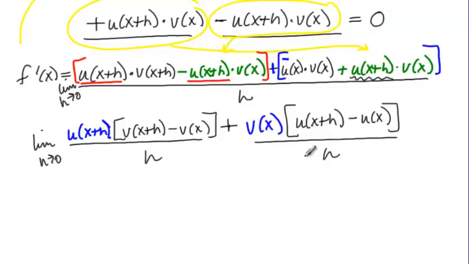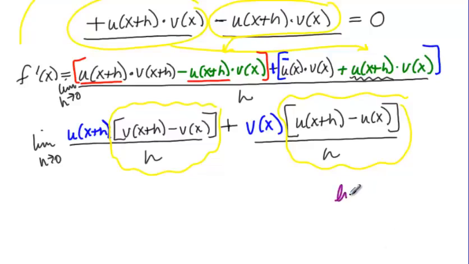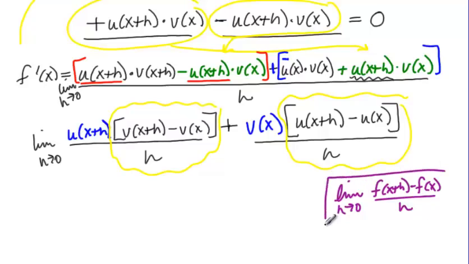The reason I distributed the division is because now if you look at just this part, something interesting has happened. Go back to the limit definition of derivative, and I'll write it down here again for us just in case you've forgotten. Okay, here's the limit definition of derivative.